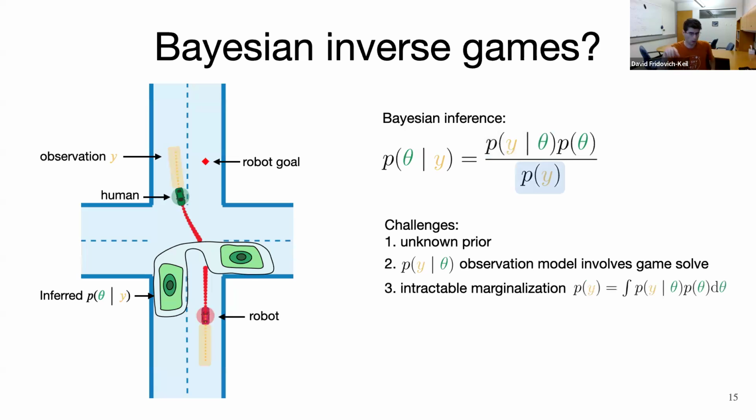It involves integrating over all of the possible values of theta. If theta is a point in R2, that's maybe not so bad. Numerical integration is okay. But if we get into higher dimensional problems, like maybe there are more players, then this could get really bad. So anyway, those are the three problems.